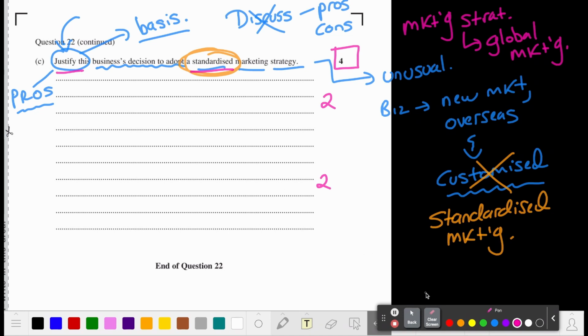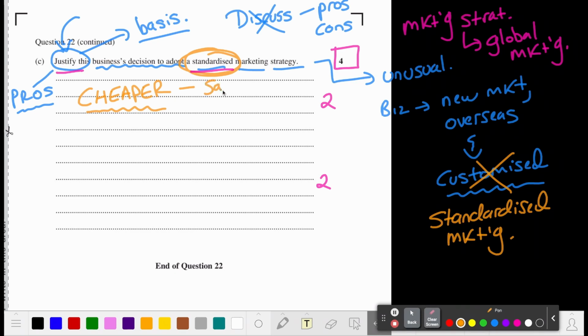I think the overwhelming idea in terms of why you would adopt a standardized approach is that it is cheaper, because what you are really doing is taking an existing marketing strategy and just duplicating it.